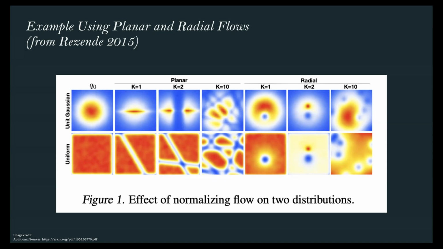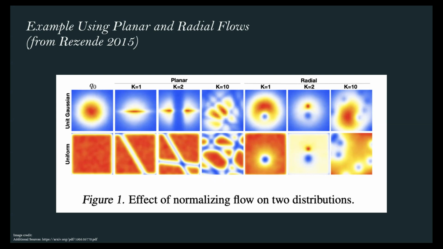So, stated differently, you would want to make some change in this uniform or unit Gaussian and see the effect of that change on the underlying distribution that you're trying to map to. Is that right?